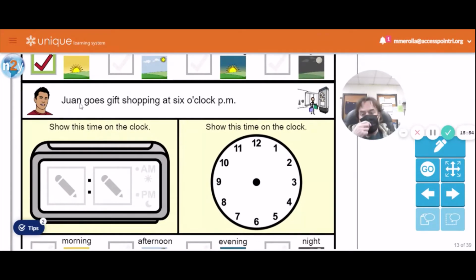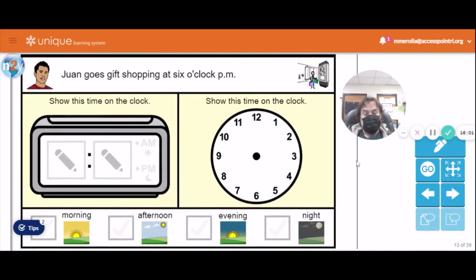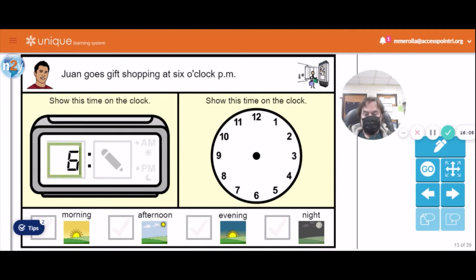All right, Juan goes gift shopping at 6 o'clock p.m. What would that look like on digital? 6 o'clock p.m. Okay, symbolized with the little tiny crescent moon.